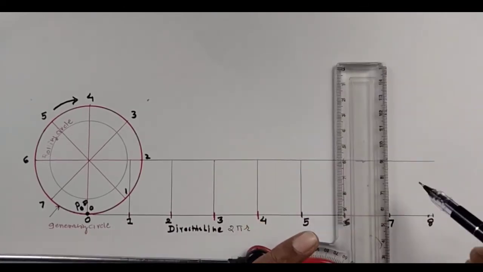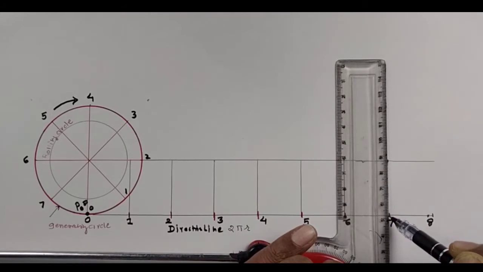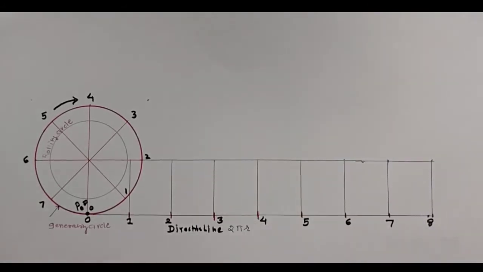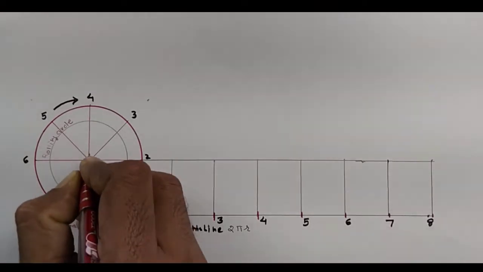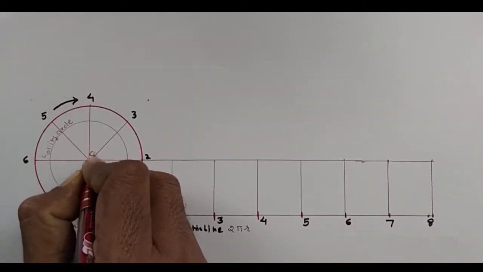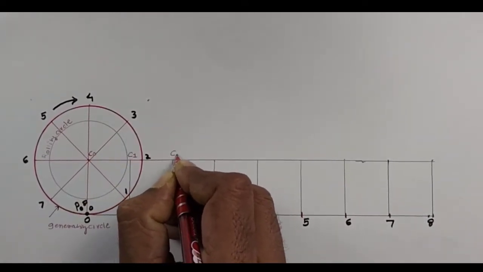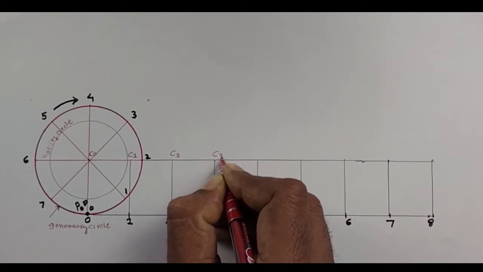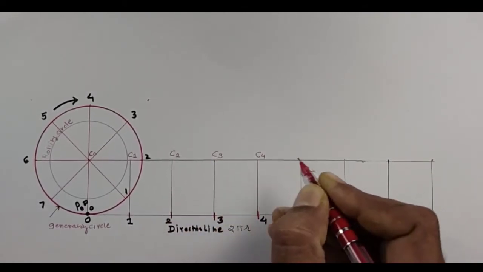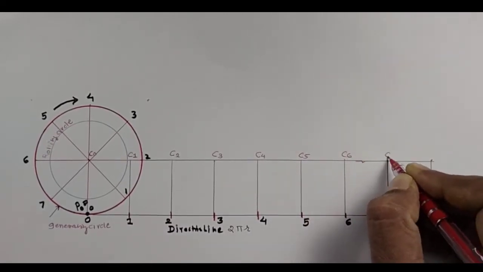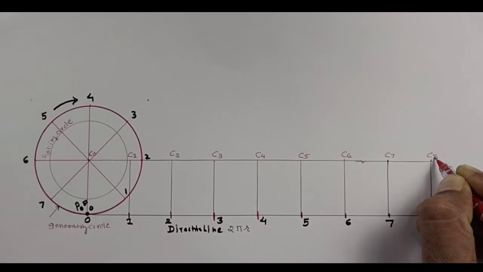There you have the different positions of your generating circle center, where you can write C0, this is our C1, it is our C2, C3, C4, C5, C6, C7, C8.